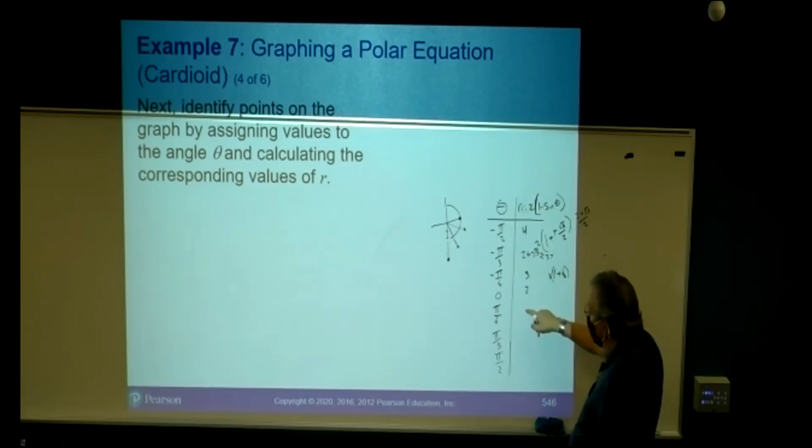And now at pi over 6, sine is a positive square root of 3 over 2. So now it's going to be 1 minus the square root of 3 over 2 times 2.